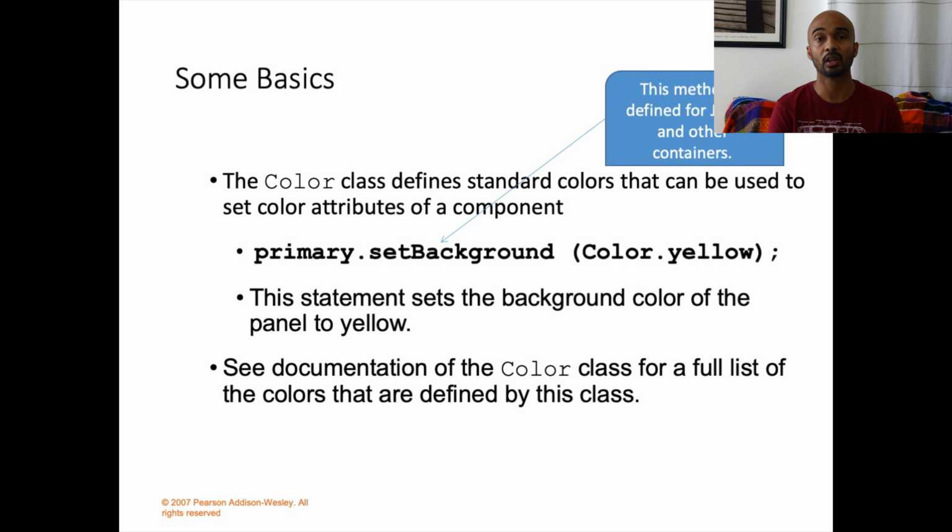The Color class actually ships with Java, and you can do a number of things with it. By using the predefined colors, you don't have to focus on creating your own colors by mixing red, green, and blue and all of that jazz.